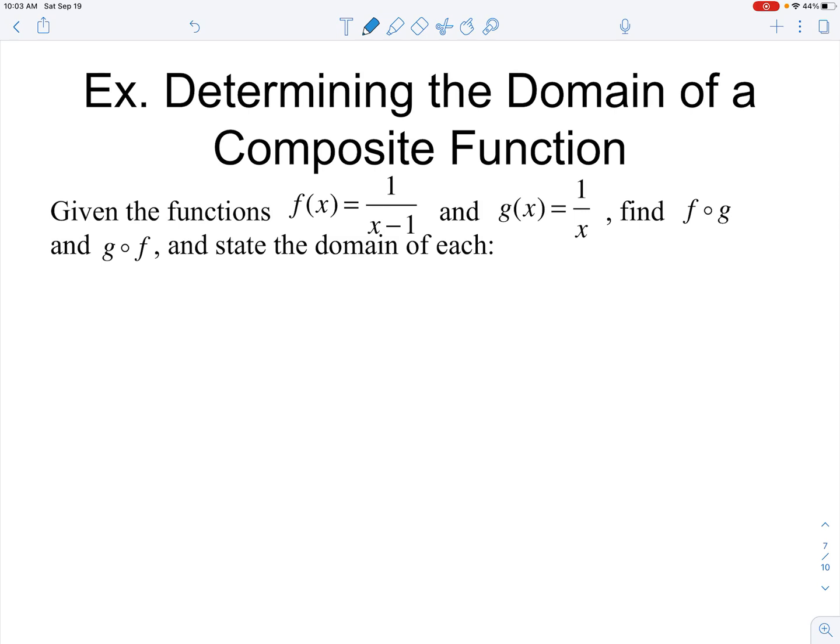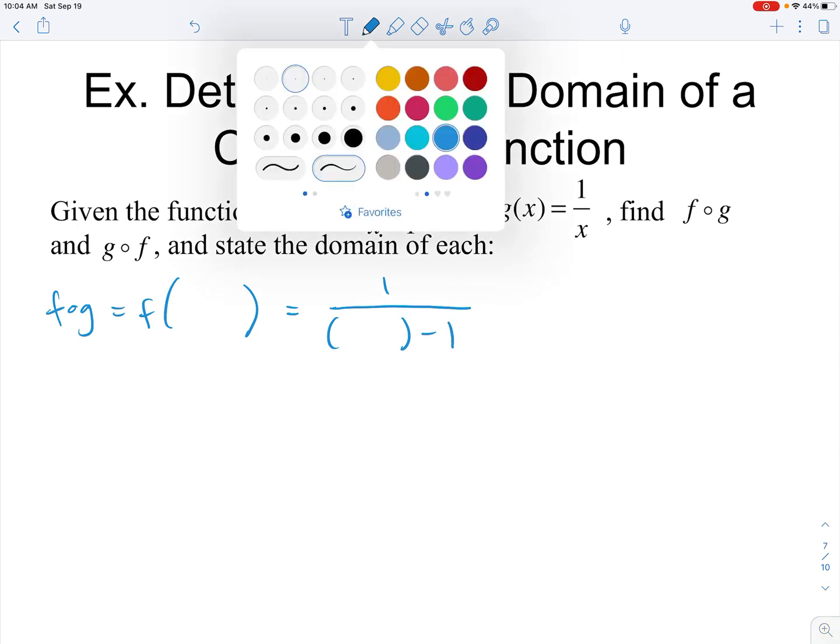their domain. So F composed with G, F as the outside function, and then G as the inside function.